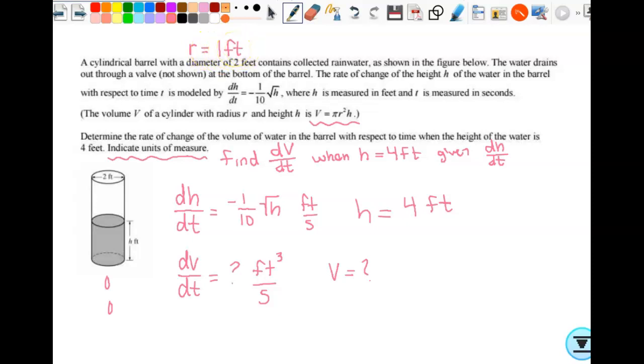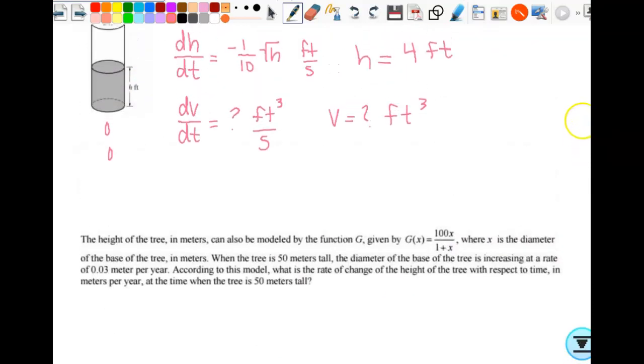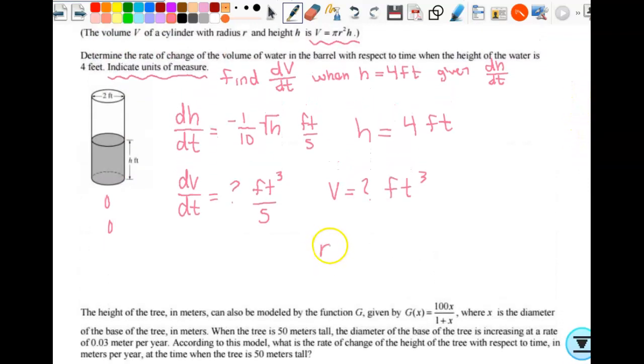What did I forget? The units on this one, feet cubed. That's such a good strategy, guys, to do units first. Because they gave us diameter, and we know the relationship between radius and diameter, we now know the radius.